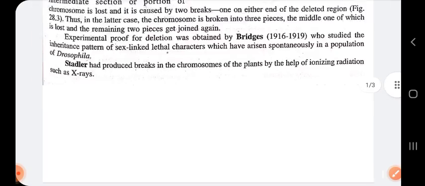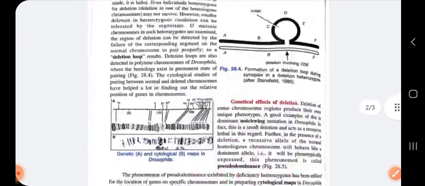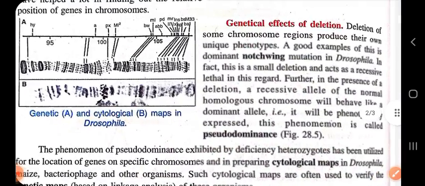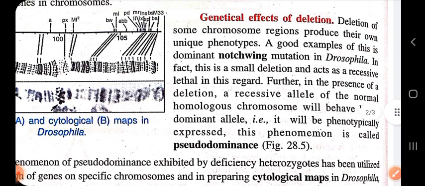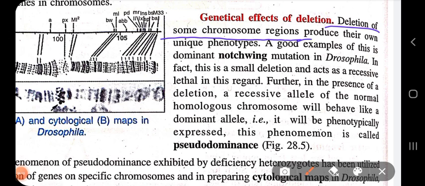So it is saying here that deletion of some chromosome regions produces their own unique phenotype. A very good example is the dominant notch wing mutation in Drosophila. In this case, there is a small deletion and it will act as a recessive lethal, but it is not fatal. It creates a notch wing.